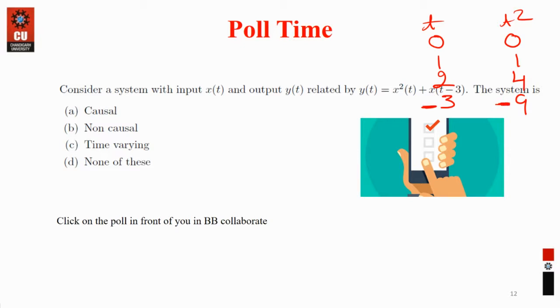So you can clearly see if it is targeting the future or not, and you can comment on it. But fortunately, right now, it is not t square, it is x square of t. So only the magnitude is squared, time is still the same. So it is a short example of a causal system only.